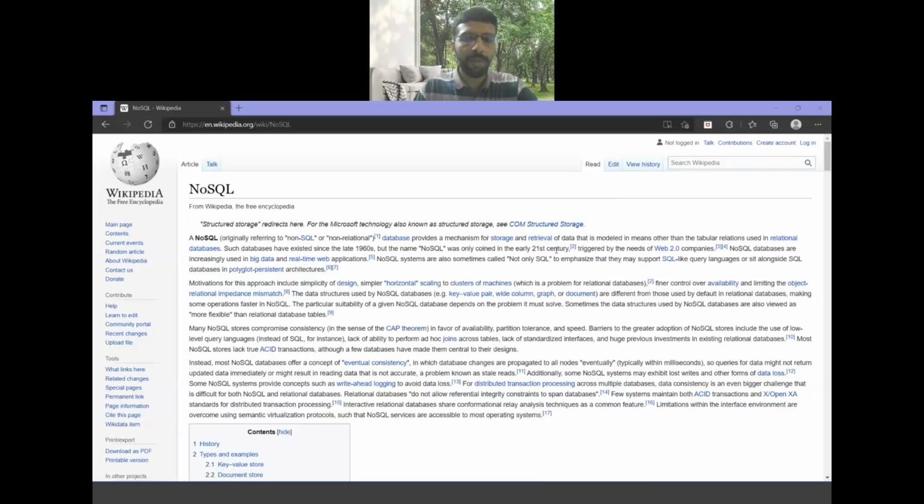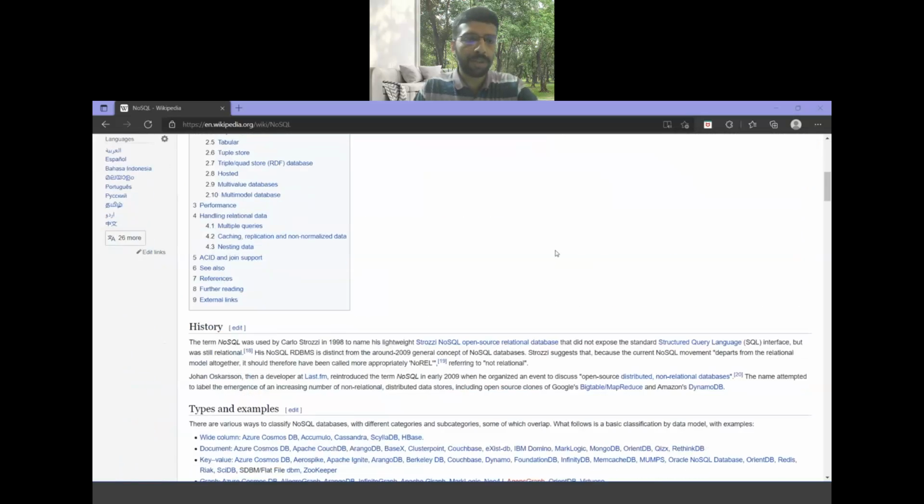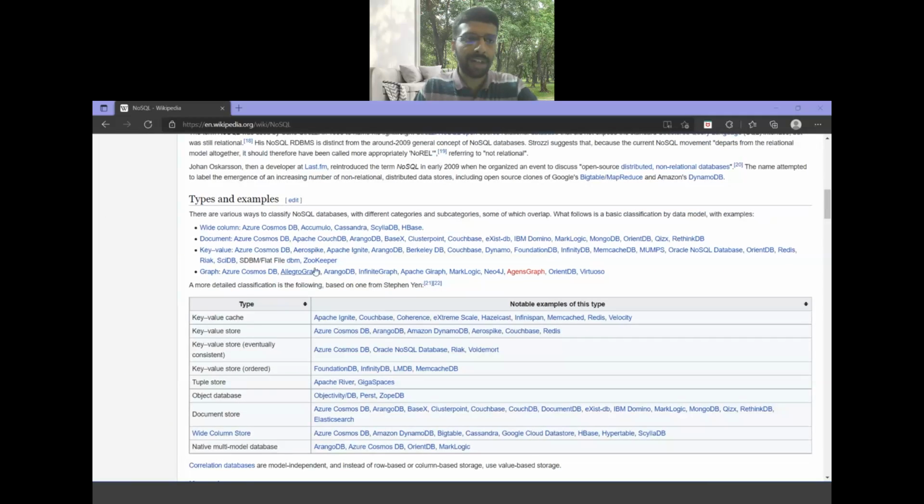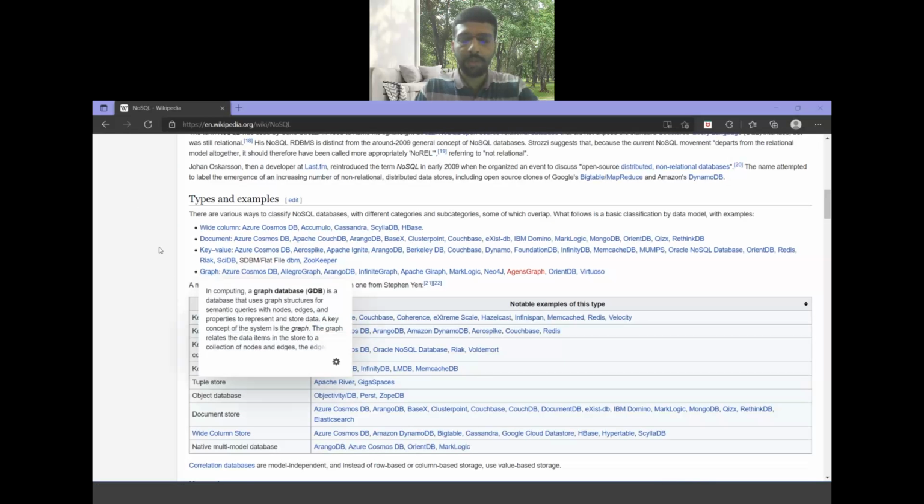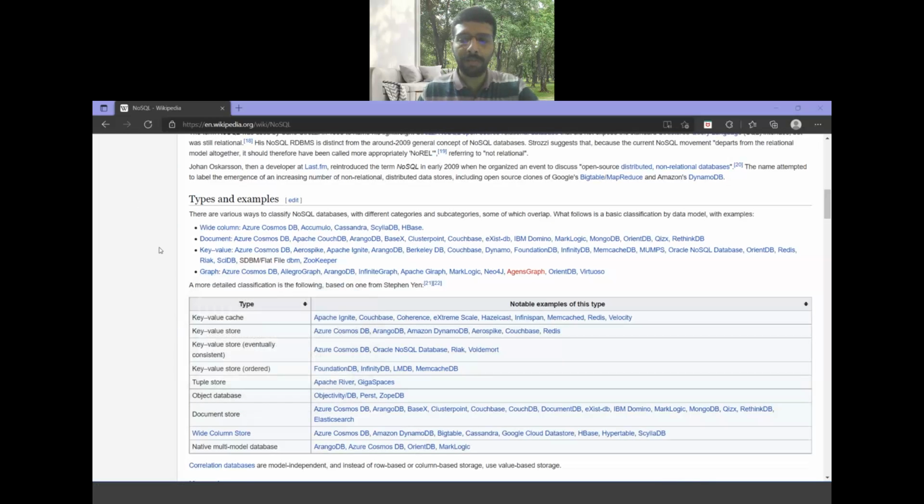So basically we will be seeing that there are different types of NoSQL databases. The main types are wide column or column family, document, key value and graph. We will be seeing one or two of each, and which ones we see will depend on the software ranking at the top of the DB-Engines ranking, which I have covered in another video. For wide column we will be seeing Cassandra and HBase, which are the top two in wide column or column family databases.